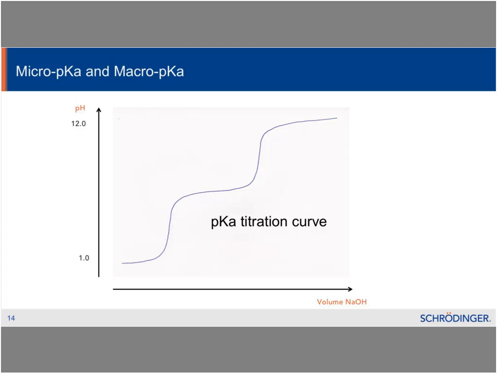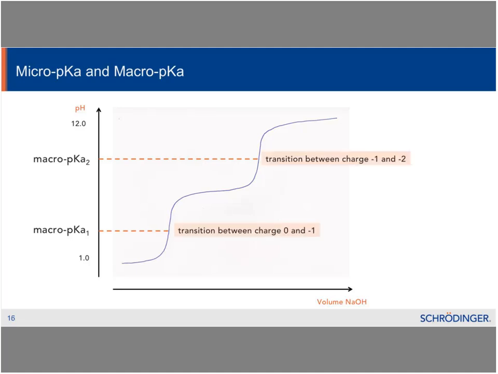So these transitions are called macro pKas. This is something we see in the experiment, typically in titration, and these are just transitions between charged forms. So for example, this can be a transition between charge 0 and -1, macro pKa 1, and macro pKa 2 is the next transition between charge -1 and -2.